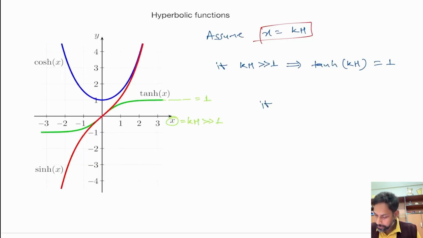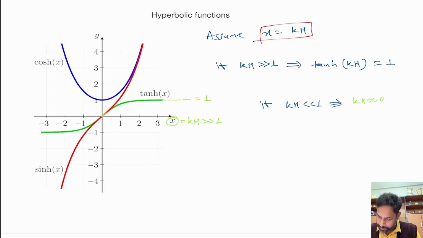Now if kh is much smaller than 1, that means that you are close to 0, right?